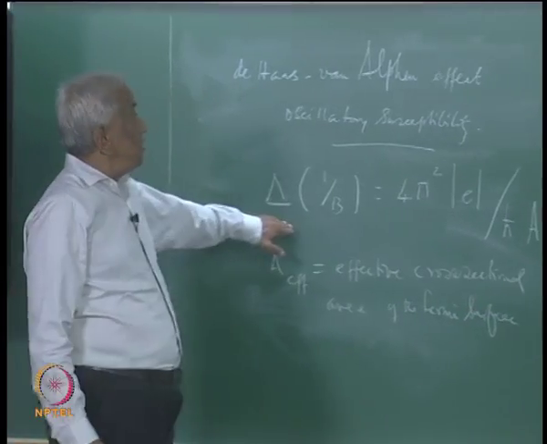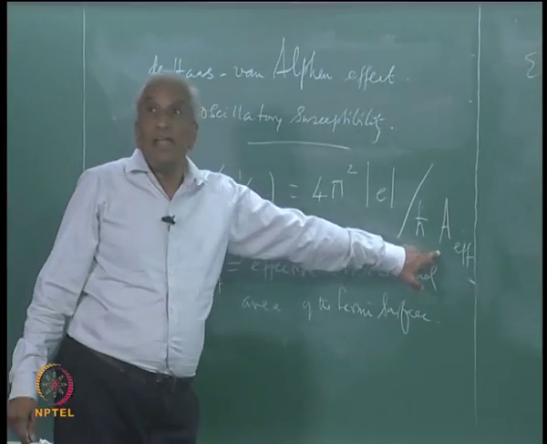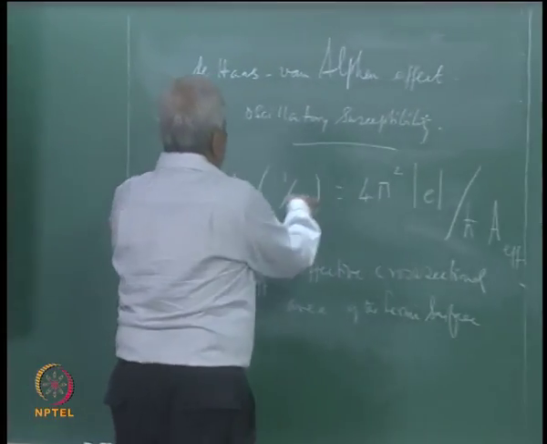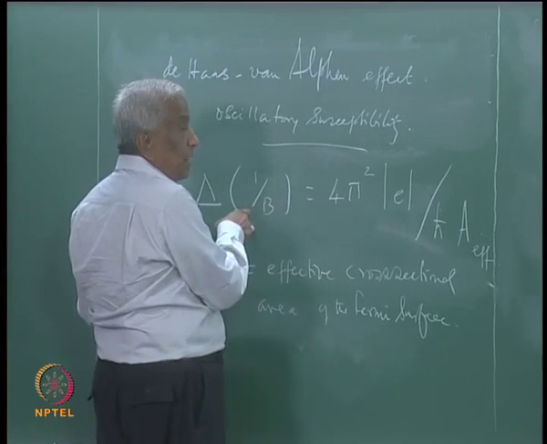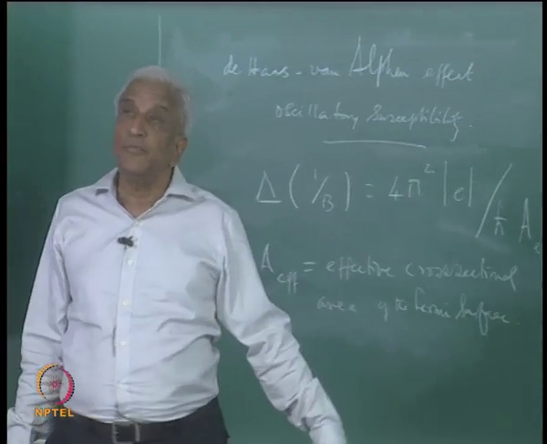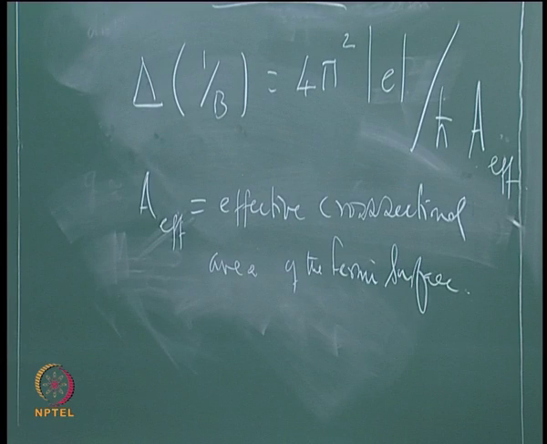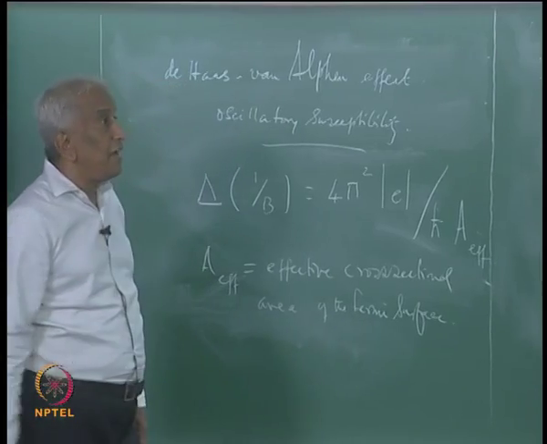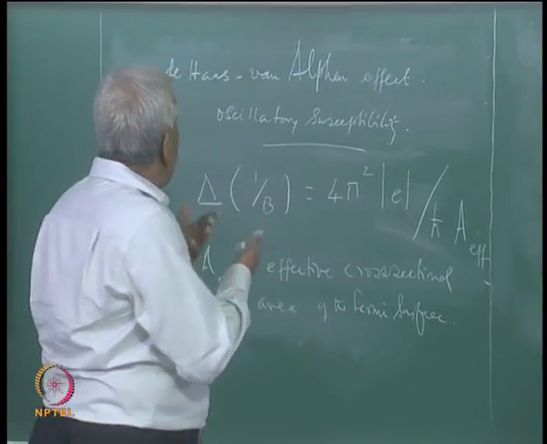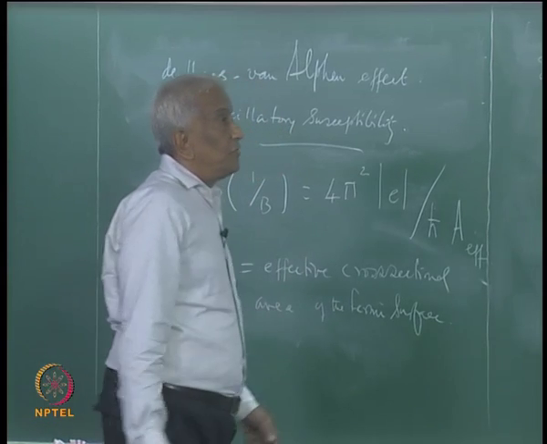So, the period of these oscillations is related to this cross sectional area, and therefore, determining this period as a function of the applied magnetic field gives us information about the topology of the Fermi surface. So, this is an extremely interesting effect which helps us in determining the exact topology of the Fermi surface in a real metal.